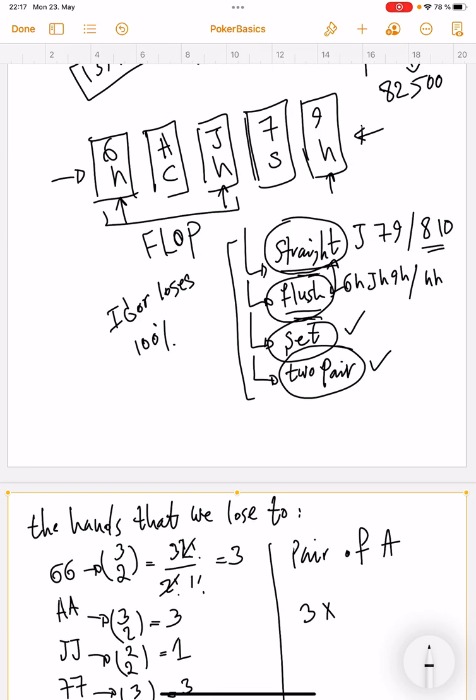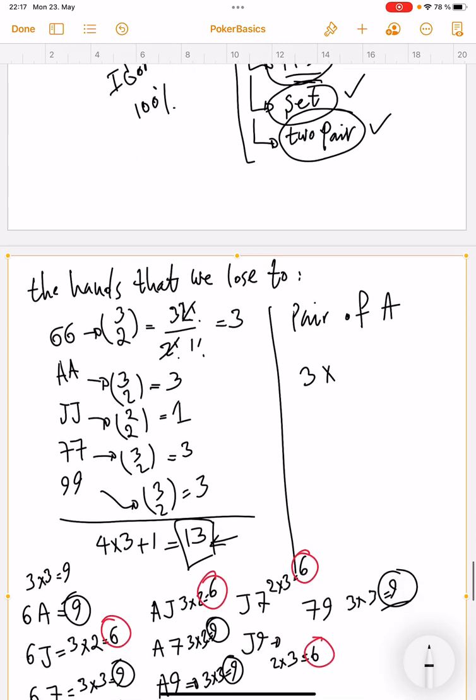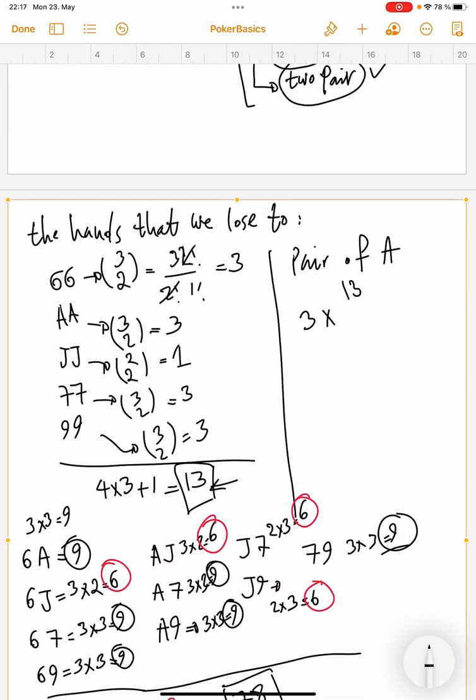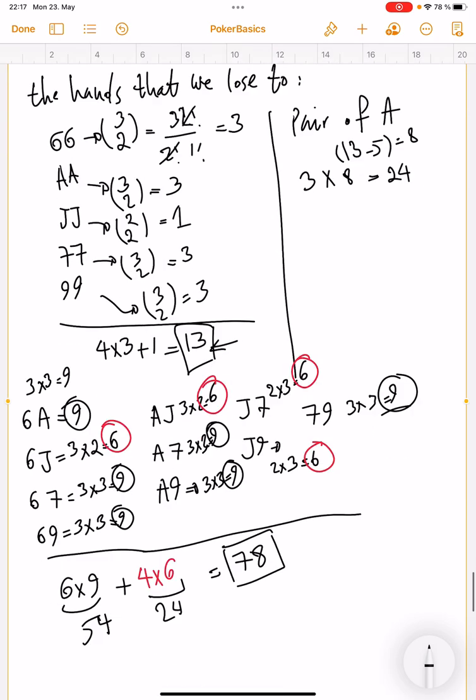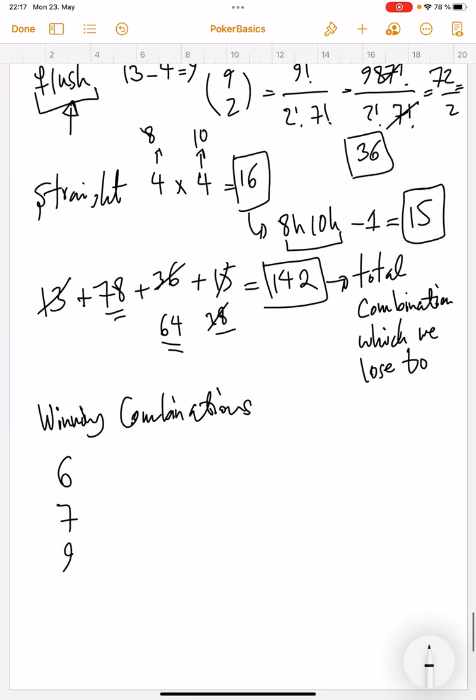So this means all of these 5 cards must be removed from a deck of 13 minus 5. This will be 8, and these are the combinations that he might have. So 24 he might have also here, so this means we need to add another 24 to here.